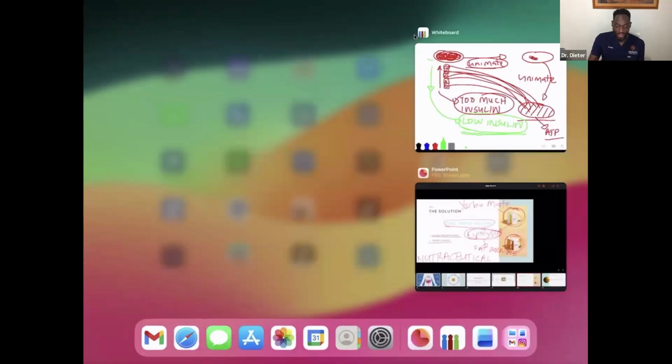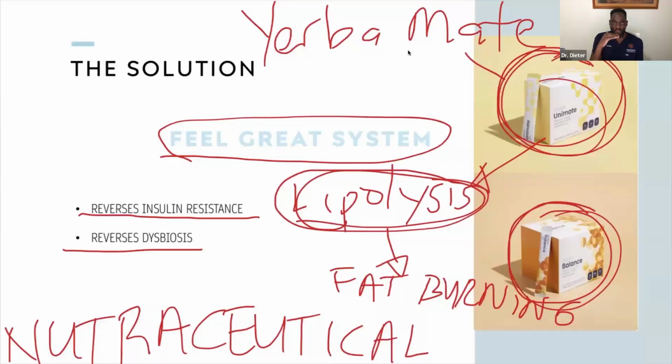But the other thing that fiber does is that fiber helps to bring down your glycemic index. It causes you not to have a high glucose spike. Why is that? If food is supposed to move through the colon by this speed, fiber causes food to move through the colon by this speed.